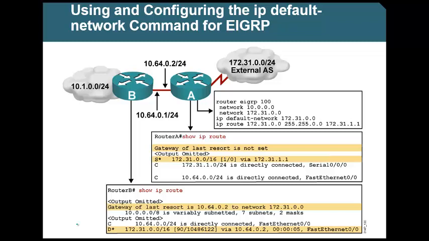In our topology, router A is the edge router, and the default network is advertised in EIGRP, so that EIGRP can advertise it to the internal routers as a default network, using which all the internal routers will reach the ISP for unknown destinations. Do you understand this?